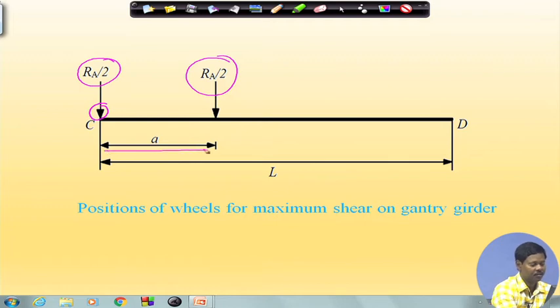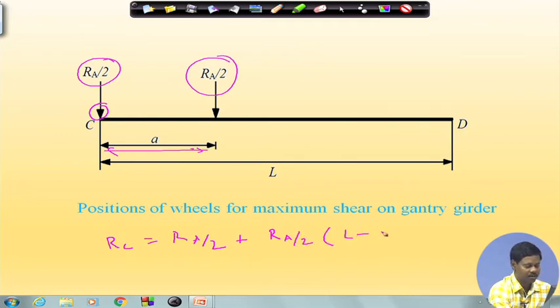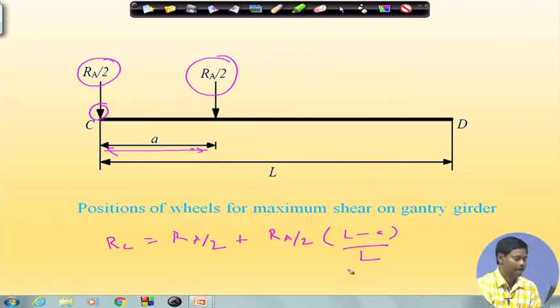Means if the distance between two wheels is A, then accordingly I can find out the reaction at C. So, the reaction at C, that means R C, will be R A by 2 plus R A by 2 into L minus A by L, right. So, this will be the reaction at C.